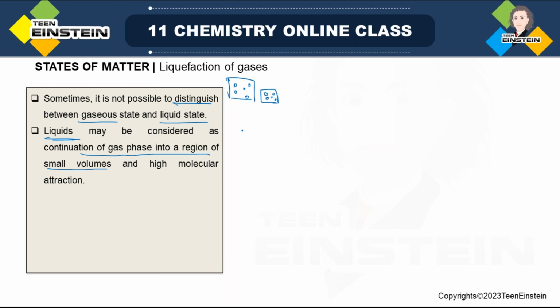What is the basic difference between liquid and gas? It is the distance between two particles. In gases the distance is very high and there is almost negligible intermolecular interaction, but for liquids there is significant intermolecular interaction.